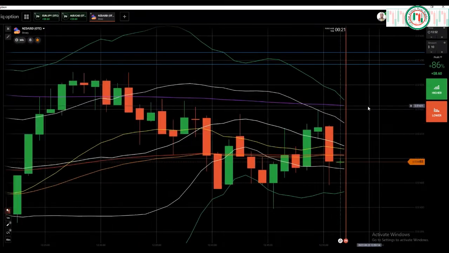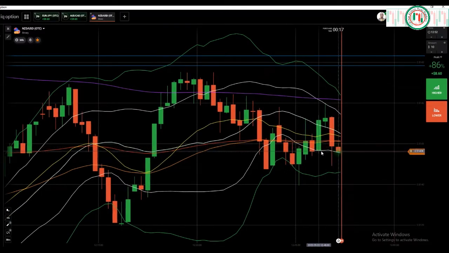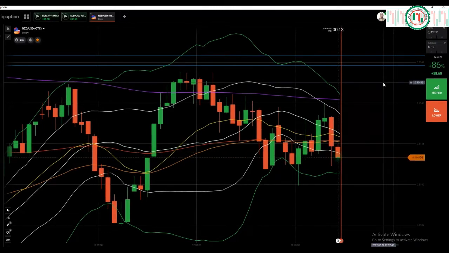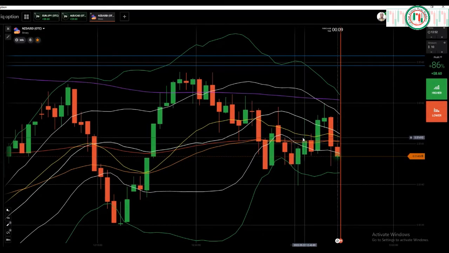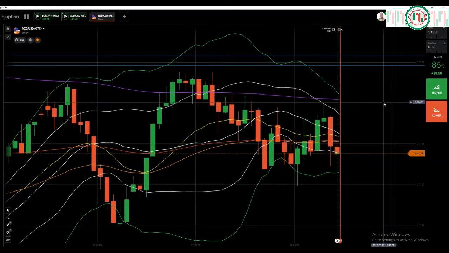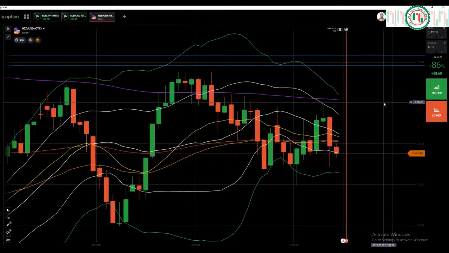Yes, here. So let's wait. Maybe we have another opportunity here after this candle, because here is engulfing, yes, after this candle. Let's wait.